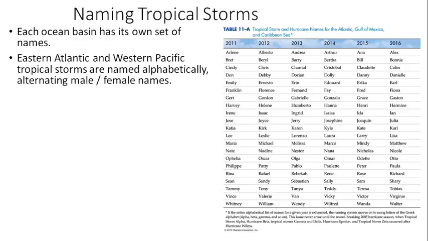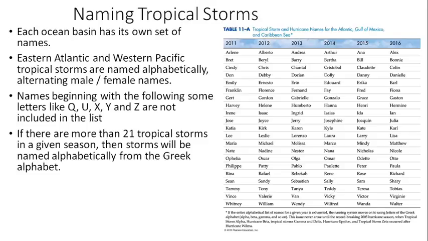Actually, the ones that are associated with North America, our West Coast and our East Coast, we don't get very many on our West Coast, but we get some in the Gulf. Those get named according to male-female names alphabetically. So this list I pulled up is actually for the Atlantic, Gulf of Mexico, and Caribbean Sea.